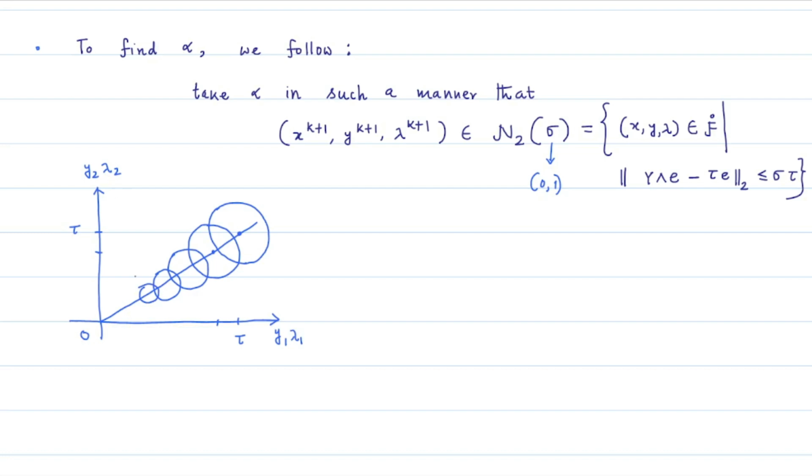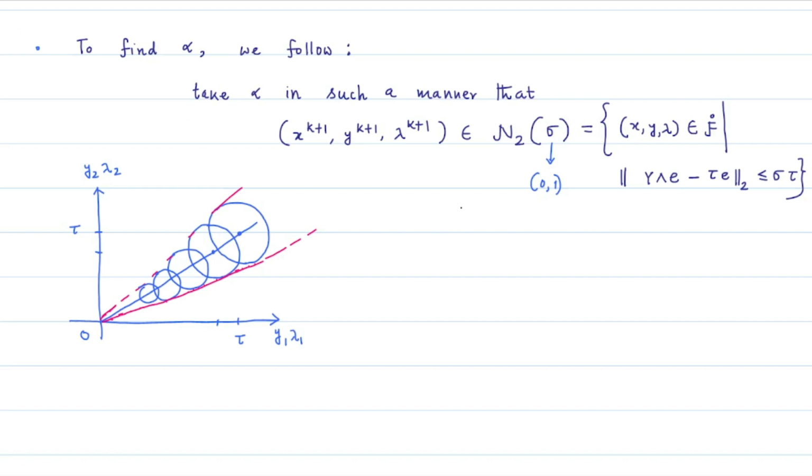Ultimately, this entire region for different values of tau will give us a region in between this line and this line at the bottom. Although my drawing is not perfect, in between these two lines is the region given by this two-norm neighborhood with sigma.